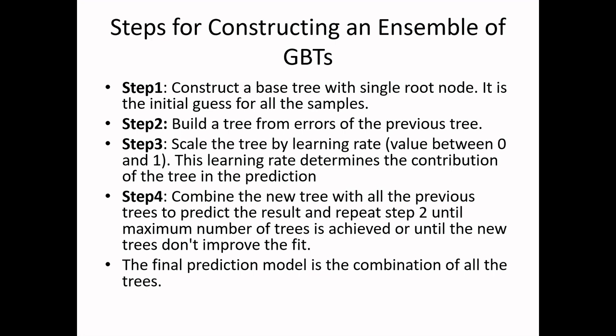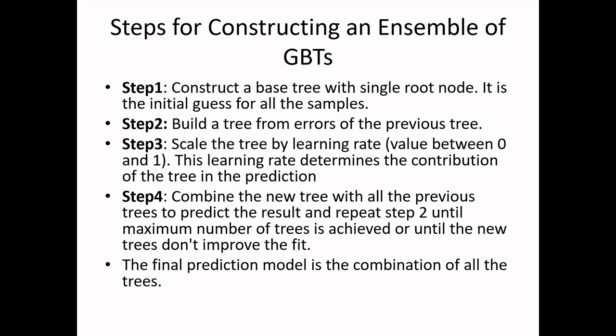So in step 2, you look at these residuals, or these error values, and try to build a regression tree looking at features so that you can make a good prediction for these errors. Again, the tree that you want to build is not going to be a big tree. You don't want to solve the problem at this stage.